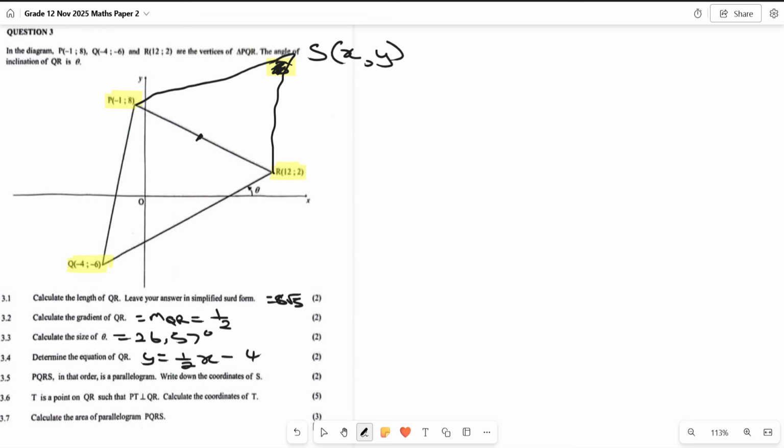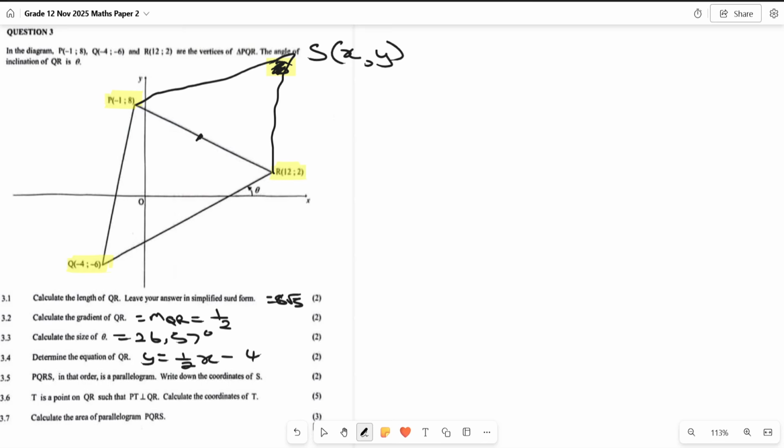So is there something that I am missing? Is there something that I'm missing in that order? PQ. S is not mentioned anywhere there, right? And I just need the coordinates. So why would they just say write down as if it's that obvious?